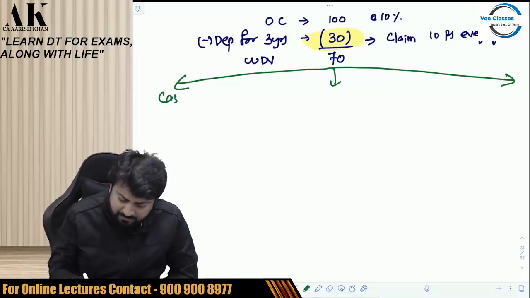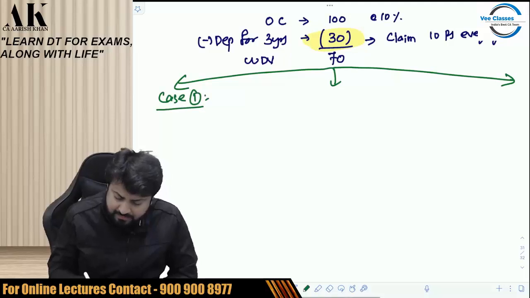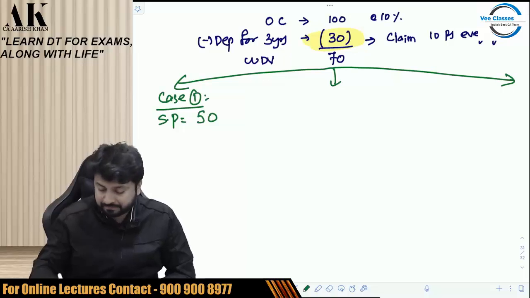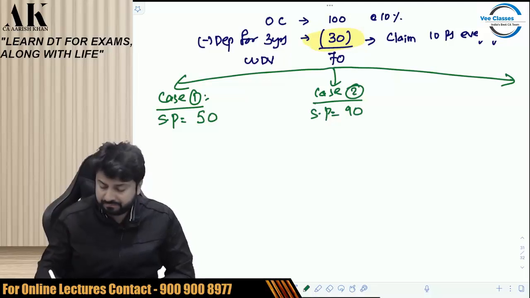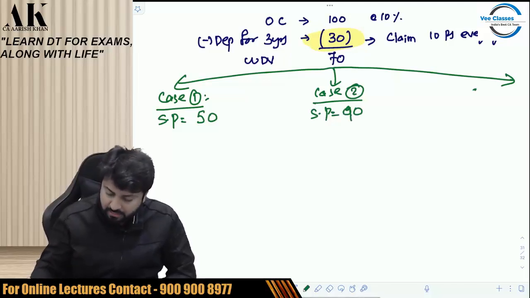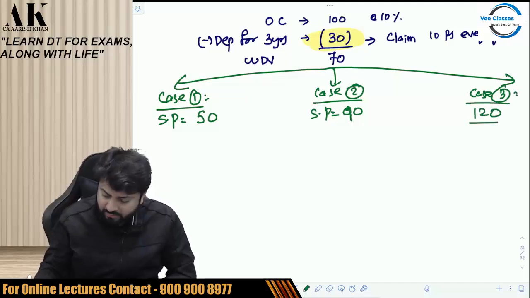Suppose case 1: if I sell this asset for 50 rupees, then what will happen? Case 2: if I sell this asset for 90 rupees, then what will happen? Case 3: if I sell this asset for 120 rupees, then what will happen?